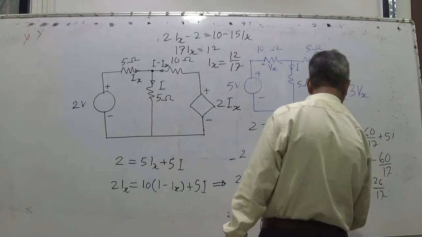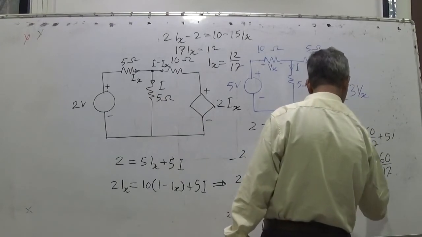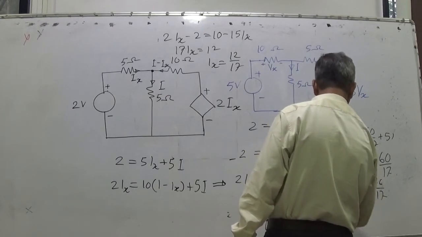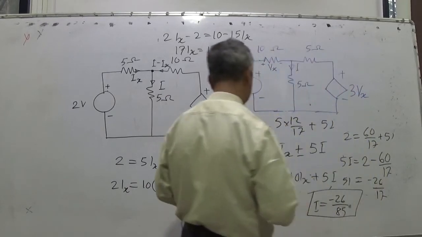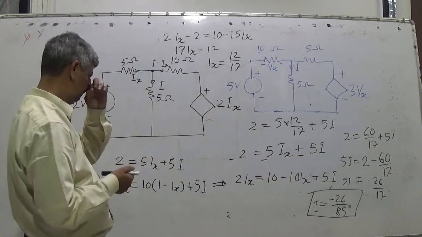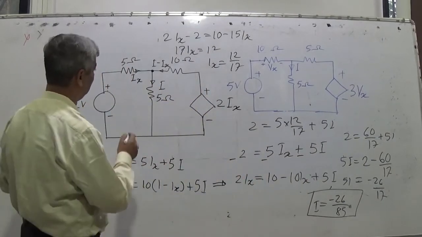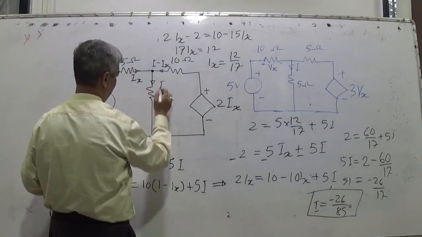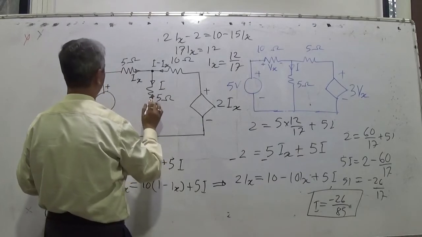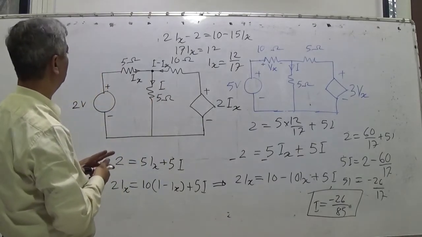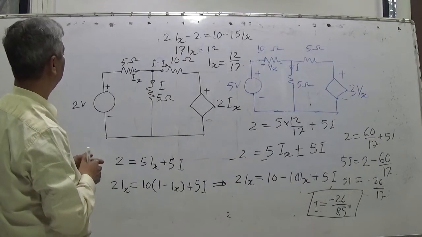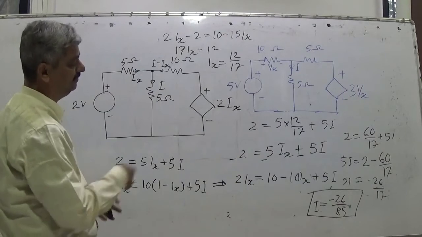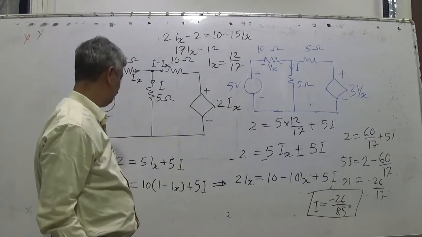So I is equal to minus 26 upon 85. Effectively, current will be flowing in this direction. Have we made some mistake there? You can verify that one. This is the value of the current we obtained.